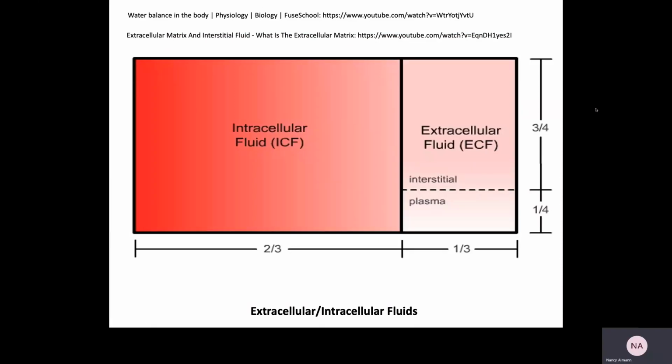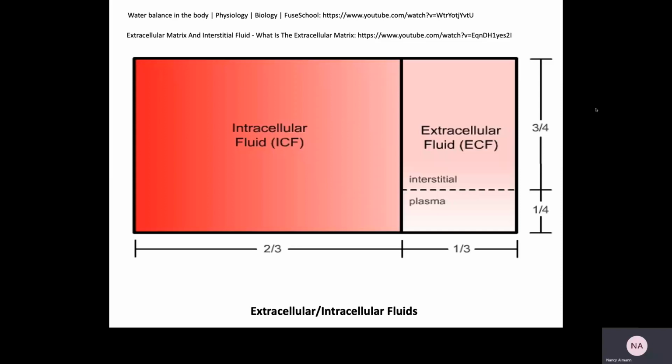You do need to understand the fluid distribution within the body. Cells are going to be surrounded by a watery medium, and that is known as extracellular fluid. It is also known as interstitial fluid.